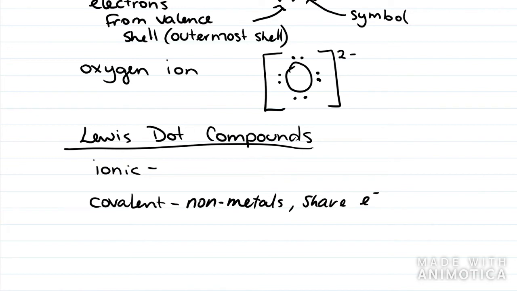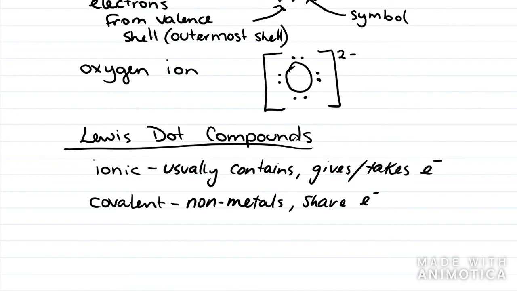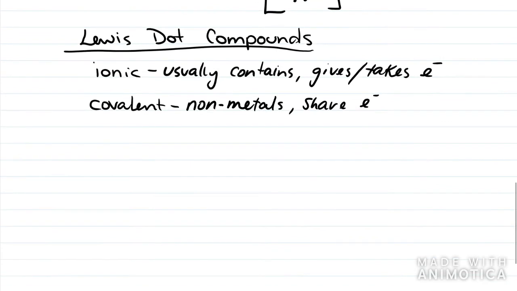Ionic usually contains a metal, and gives or takes electrons. So if you were in my class last year, I made you actually do Bohr model compounds. This semester, I'm not making you do that, but you will have to do Lewis dot compounds.